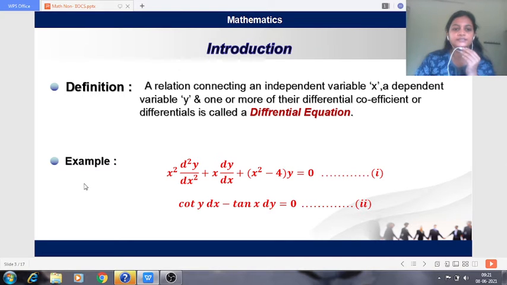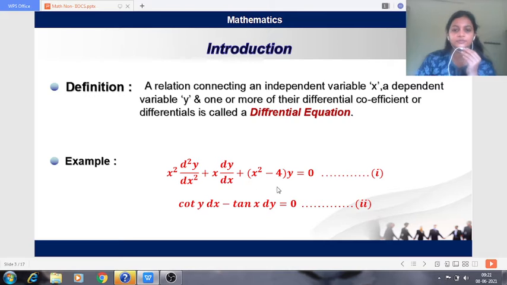Now we see the example. As for example, here we take these two equations. The first equation is x square d2y/dx2 plus x dy/dx plus (x square minus 4) into y is equal to 0.